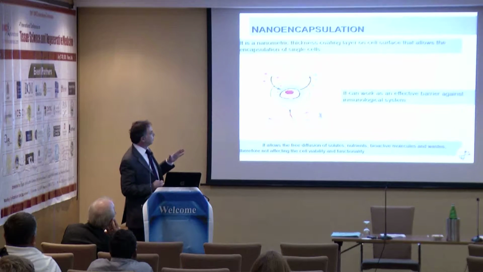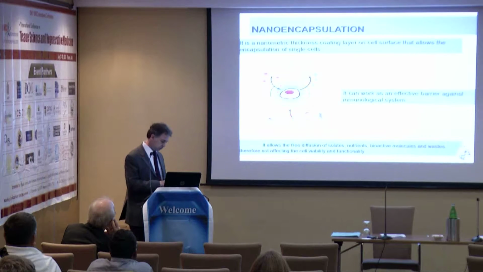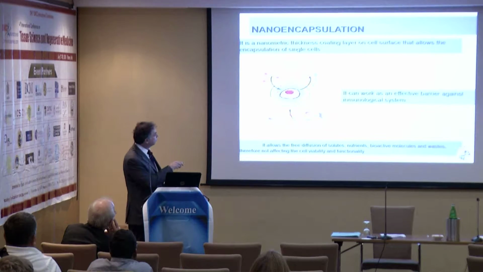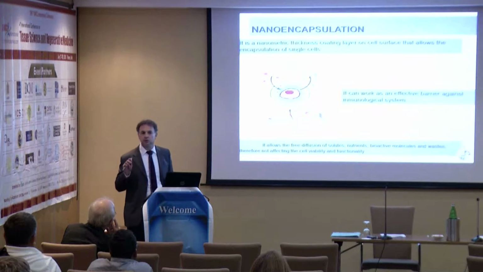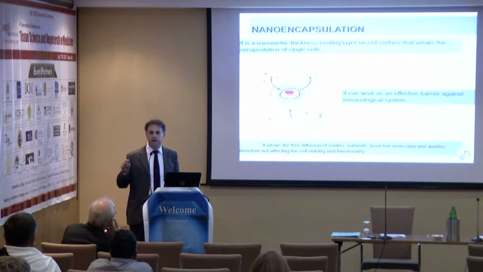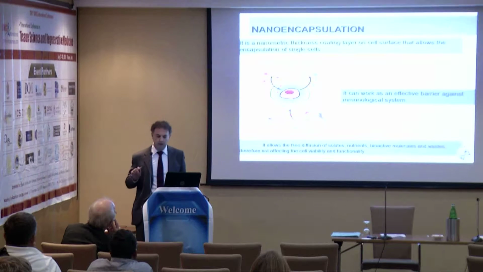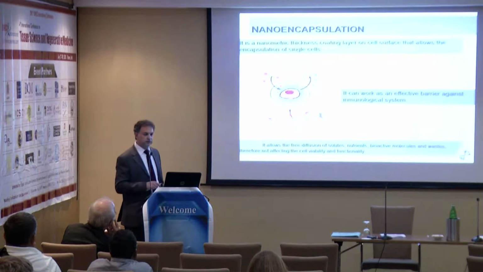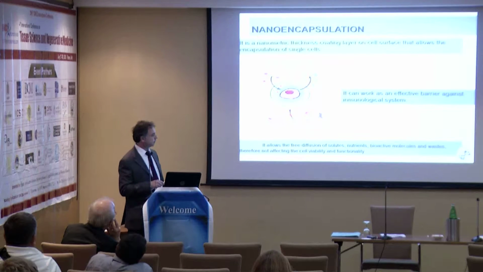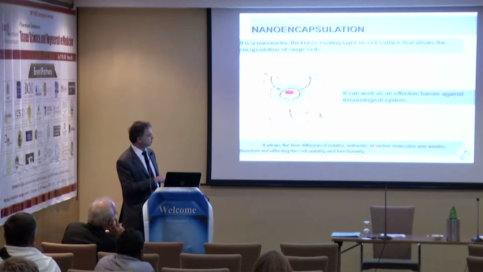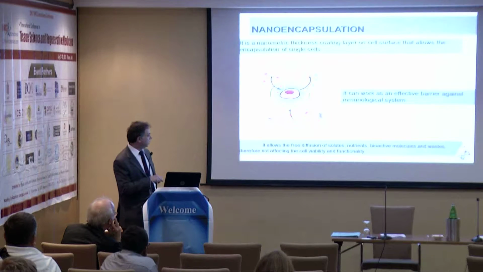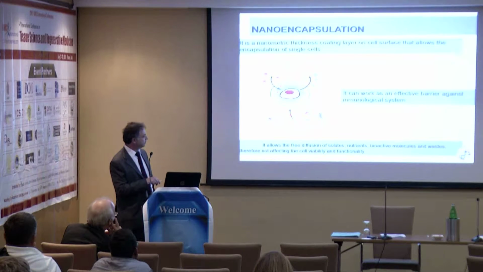What happens with this barrier that we create over the cell is that it can work as an effective barrier against the immunological system, isolating, for example, allogenic cells from triggering an immunological response. But one of the interesting characteristics allowed by the nanoencapsulation is the free diffusion of solutes, nutrients, bioactive molecules, and wastes, therefore not affecting cell viability and functionality.